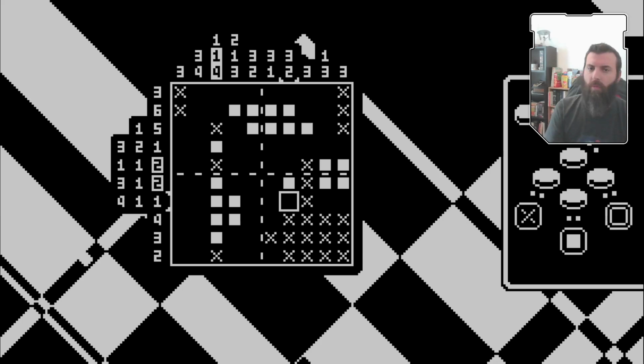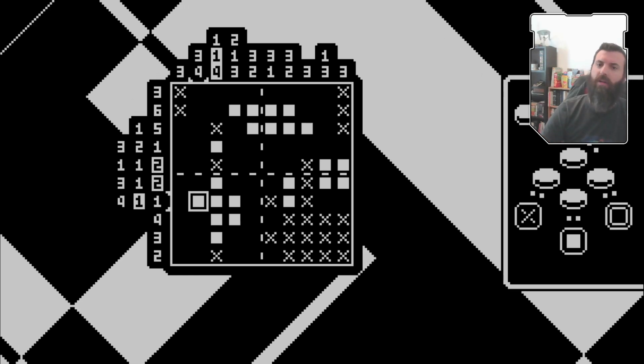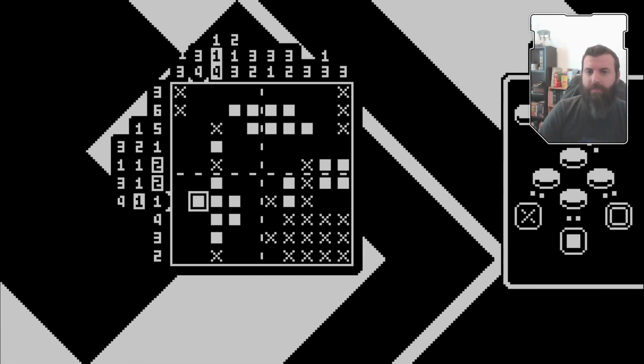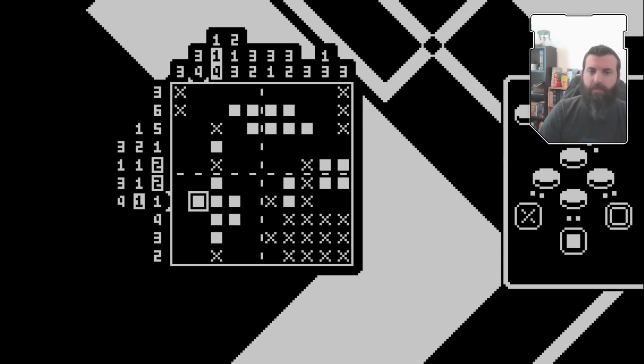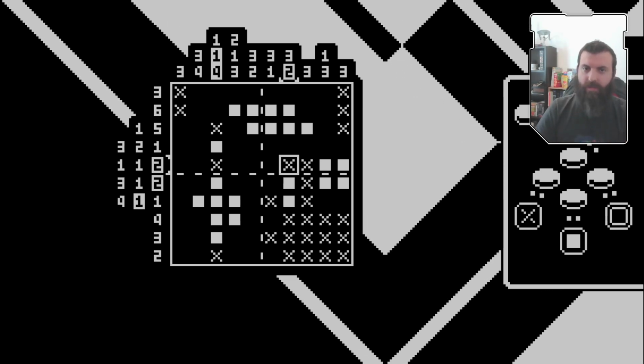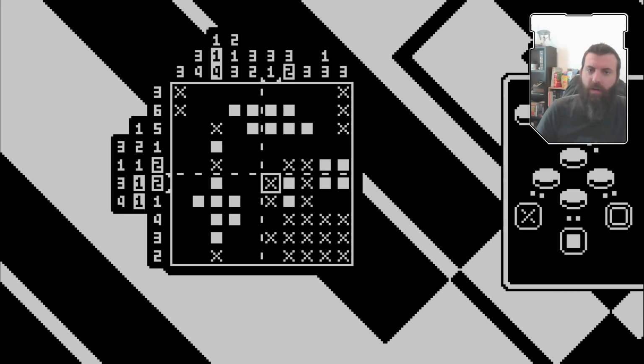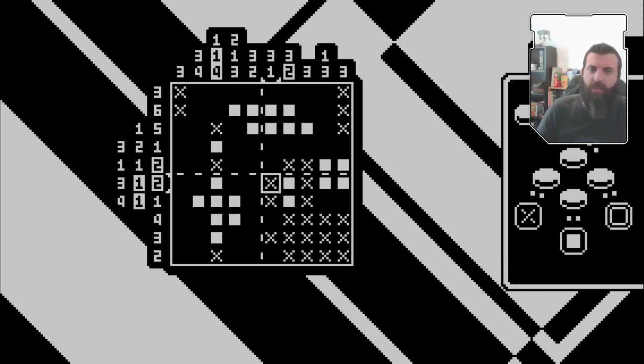So one of the ones has to go here, or has to reach over to here. That gives us our 2 there, and we can use that to complete our 1 horizontally there.